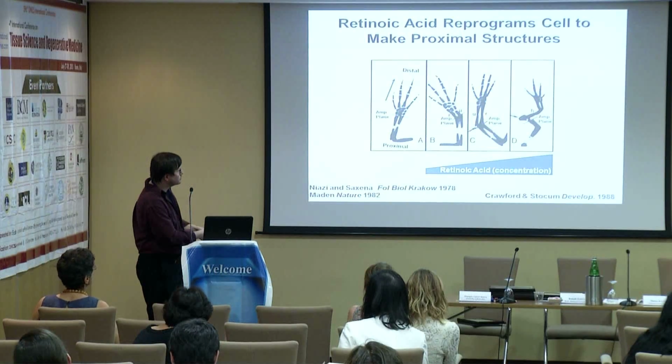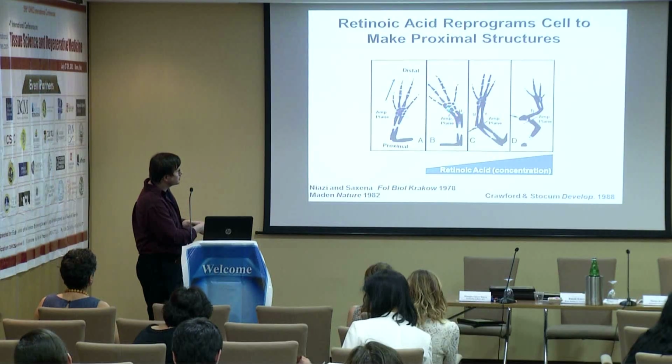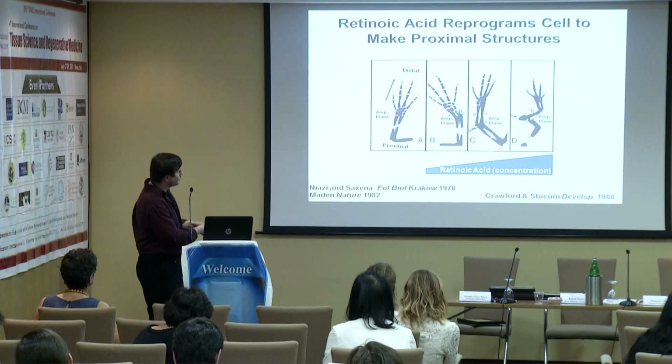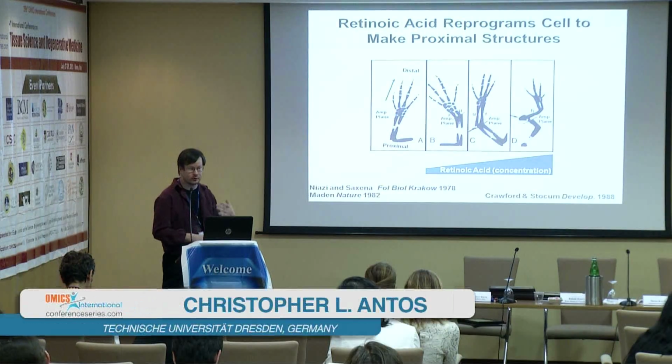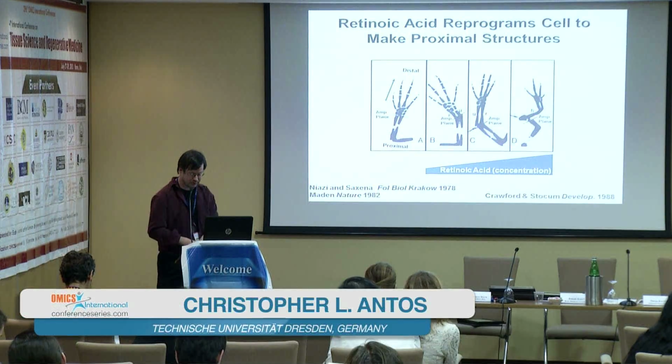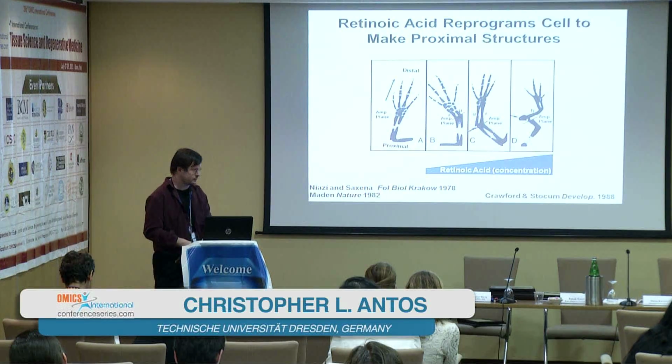However, if you increase retinoic acid signaling by increasing retinoic acid concentration, you'll start to proximalize the tissue so that from this wrist cut, you'll start to form, right, upper arm, lower arm bone, even more upper arm bone, and if you go to higher concentrations, even a shoulder blade, upper arm, lower arm, and hand, showing you how important retinoic acid is in regulating this positional information.